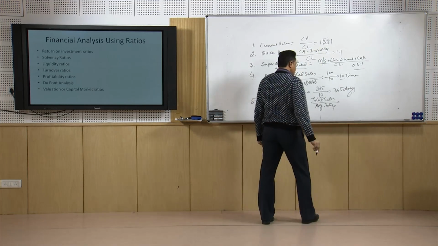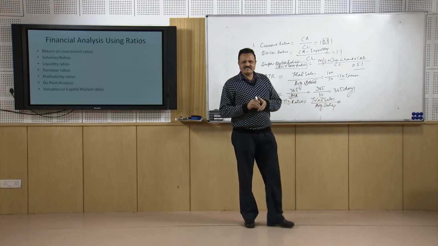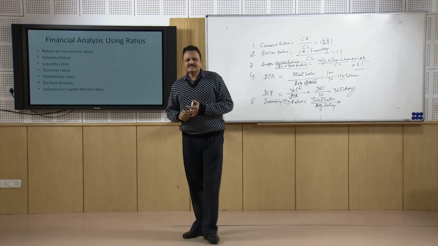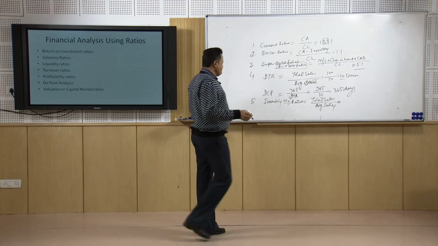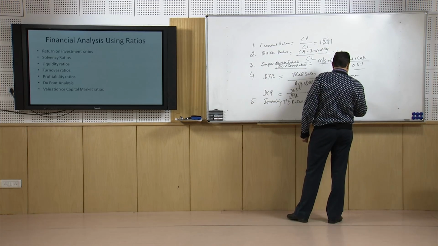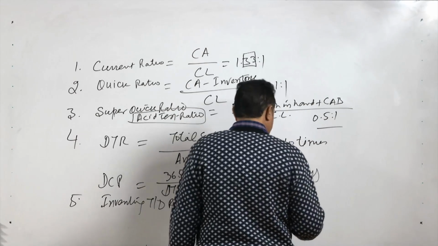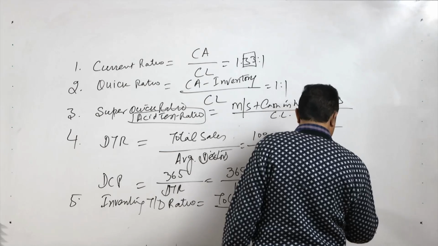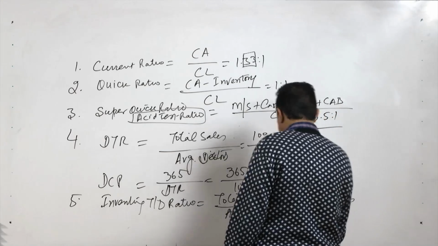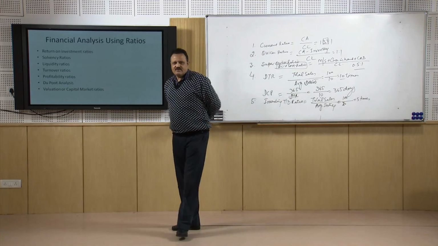This tells us how much amount of the finished goods are kept as inventory as compared to the sales. For example, the total sales are 100 rupees in a year and inventory is say 20 rupees, it means the ratio is 5 times. That is, the total sales as against the average inventory is 5 times.